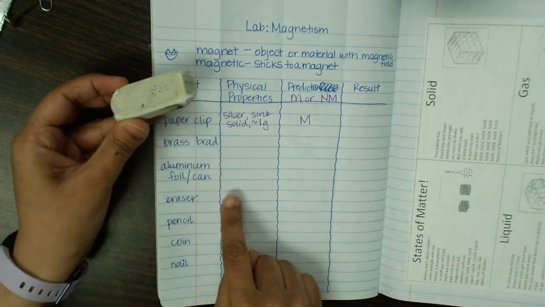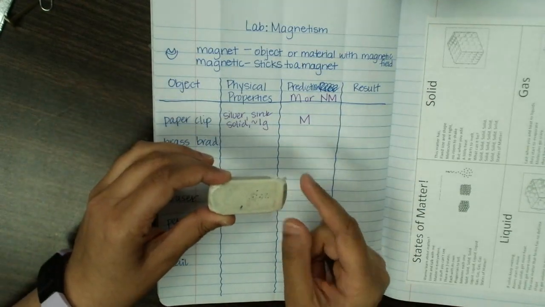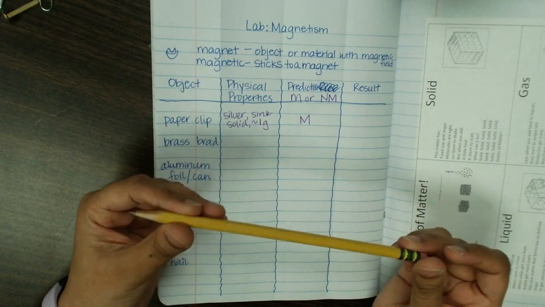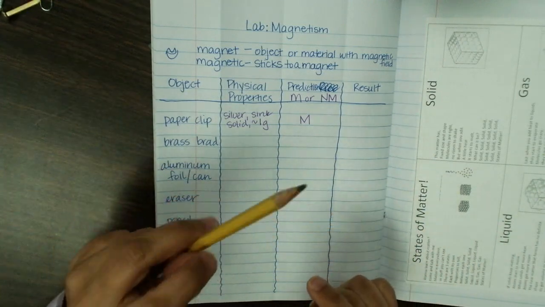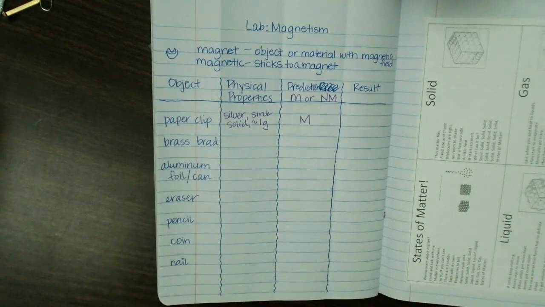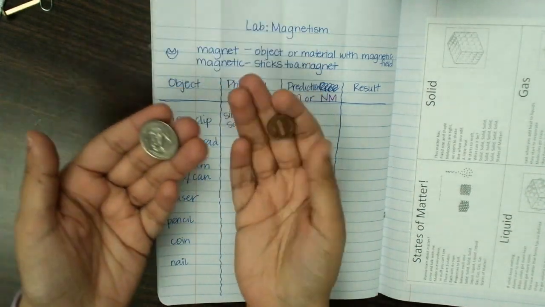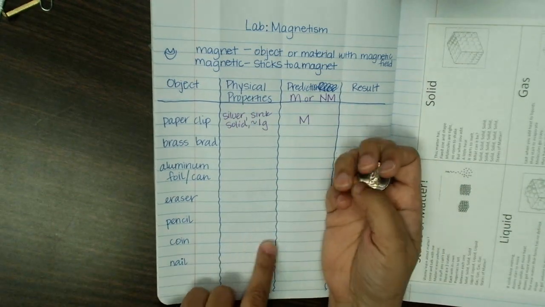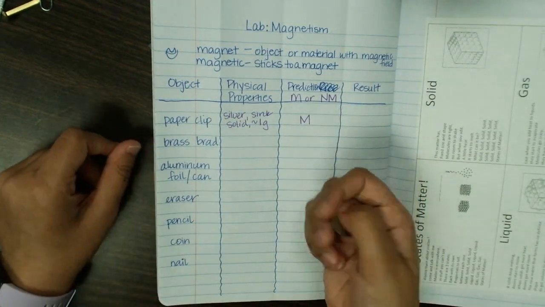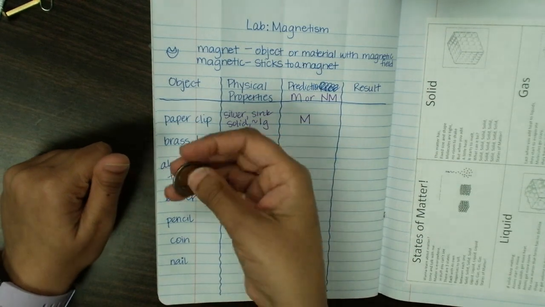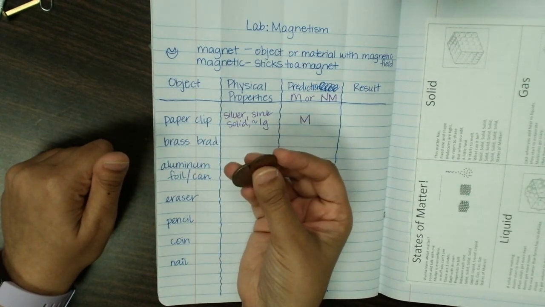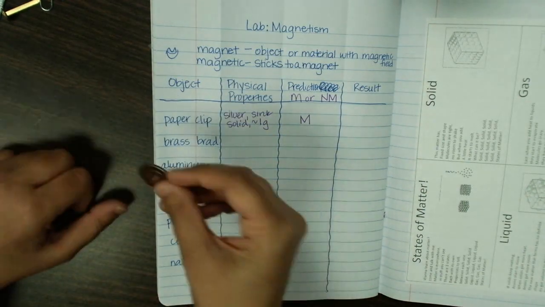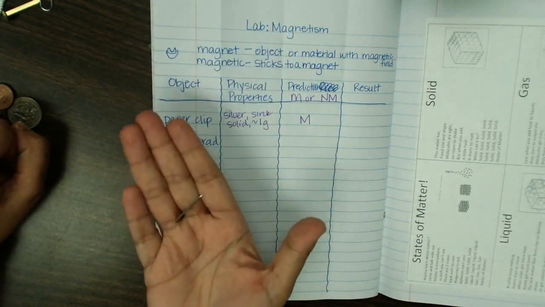Press pause so you can fill out the physical properties and write your prediction. Pencil. This is a tricky one. Coin. I have both of these. You can pick one or describe both, and you can have 2 different answers or the same answer. You can specify the penny is this and the quarter is this. Press pause so you can get this done. And then the nail.